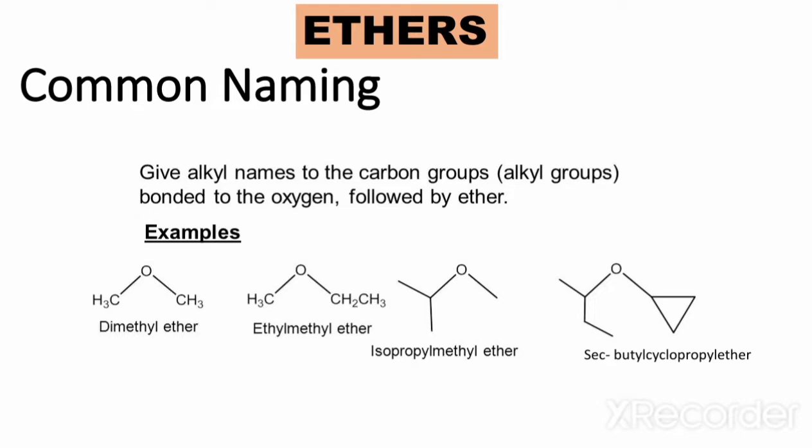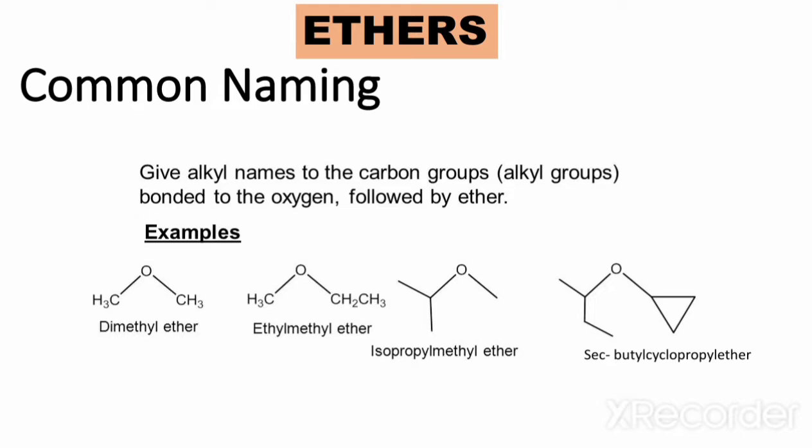Its rule is very simple: give alkyl names to the alkyl groups bonded to the oxygen, followed by ether. Firstly, we name the alkyl group attached on the oxygen atom. As you can see in the first compound, there are two methyl groups attached on both sides of the oxygen atom.